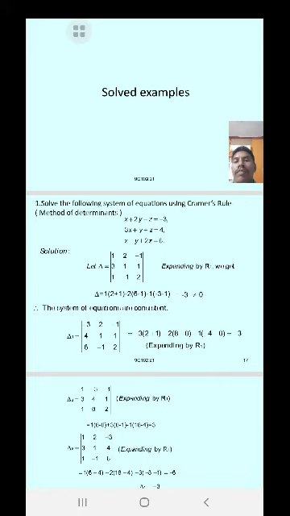First question: solve the following system of equations using Cramer's rule. In bracket, method of determinants. So we can say it is the determinant method or Cramer's method or Cramer's rule.